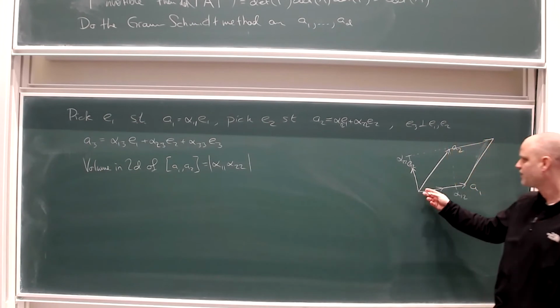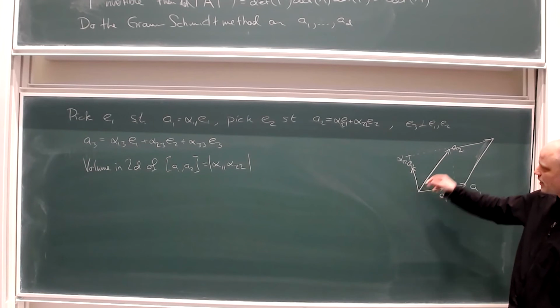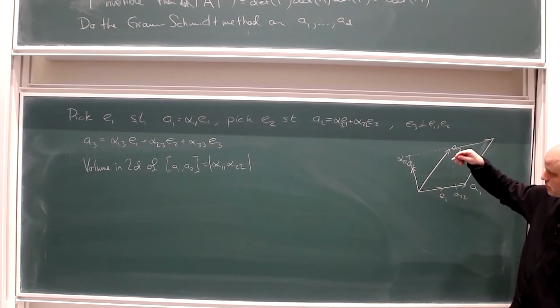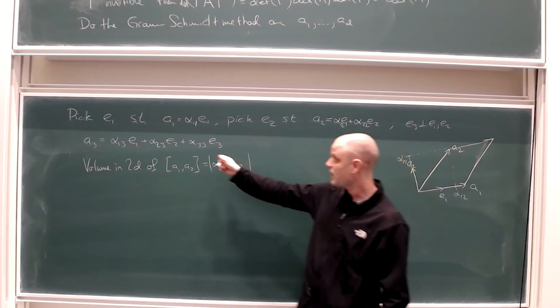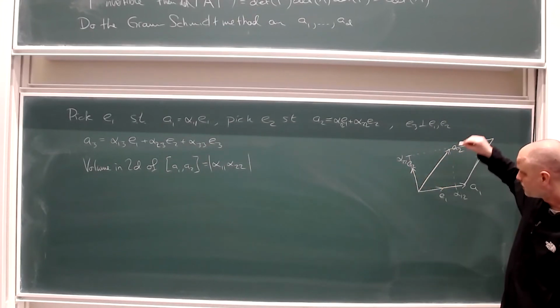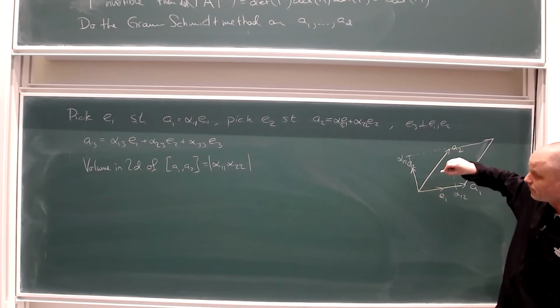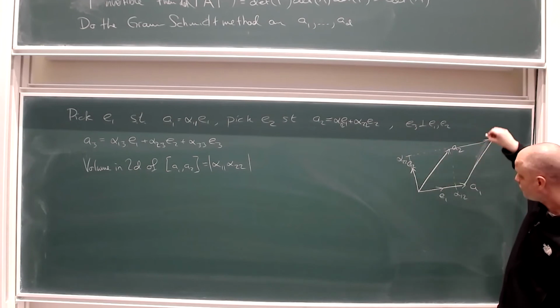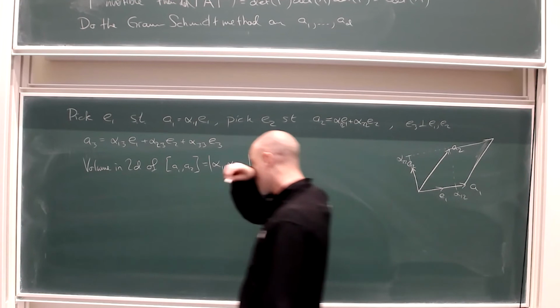And then, of course, if I now add some sort of third vector here going out into the space, the only thing which is important is how high above do I get. And that's what this alpha 3,3 is telling me, right? As long as I don't change alpha 3,3, I can choose alpha 2,3 and alpha 1,3, put my tip of that anywhere, and it's not going to change the volume, right?